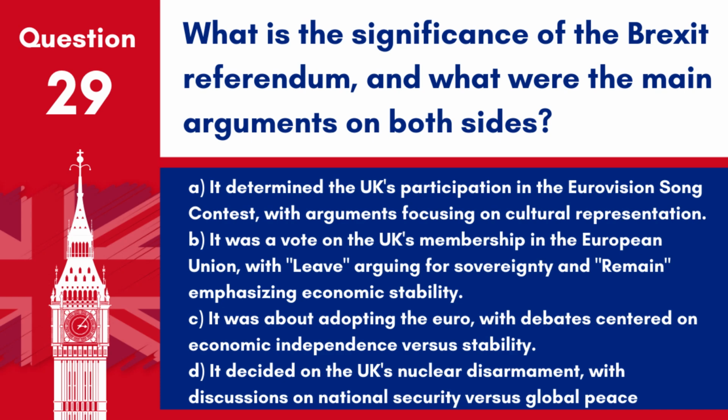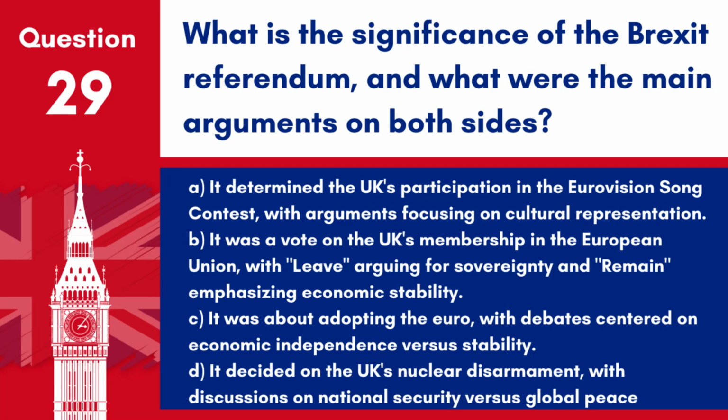Question 29. What is the significance of the Brexit referendum, and what were the main arguments on both sides? A. It determined the UK's participation in the Eurovision Song Contest, with arguments focusing on cultural representation.